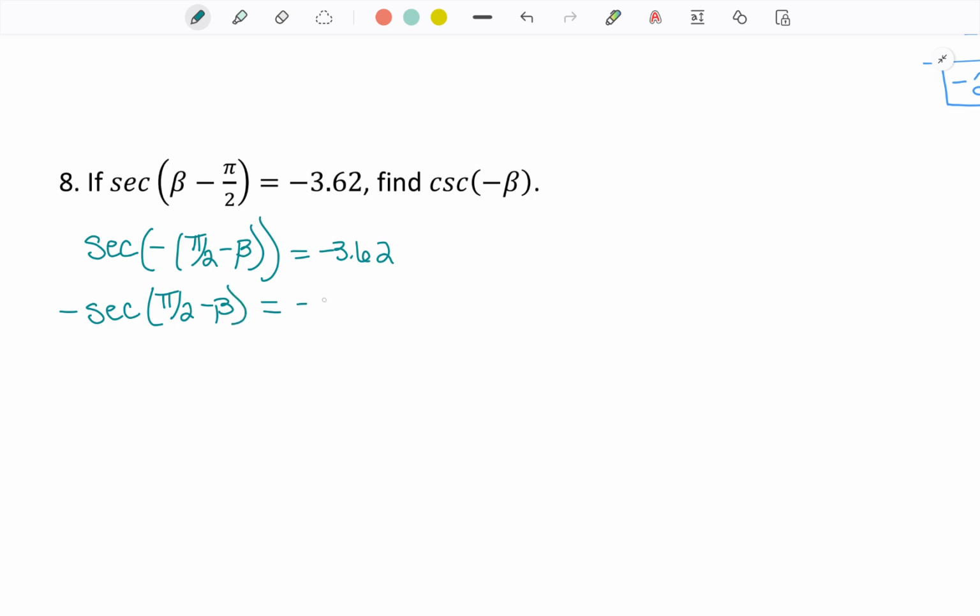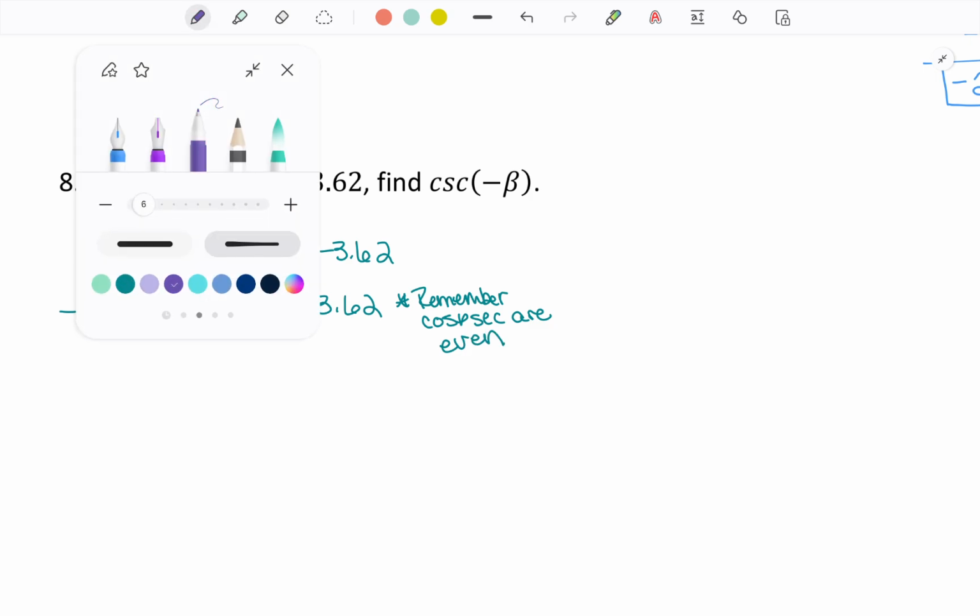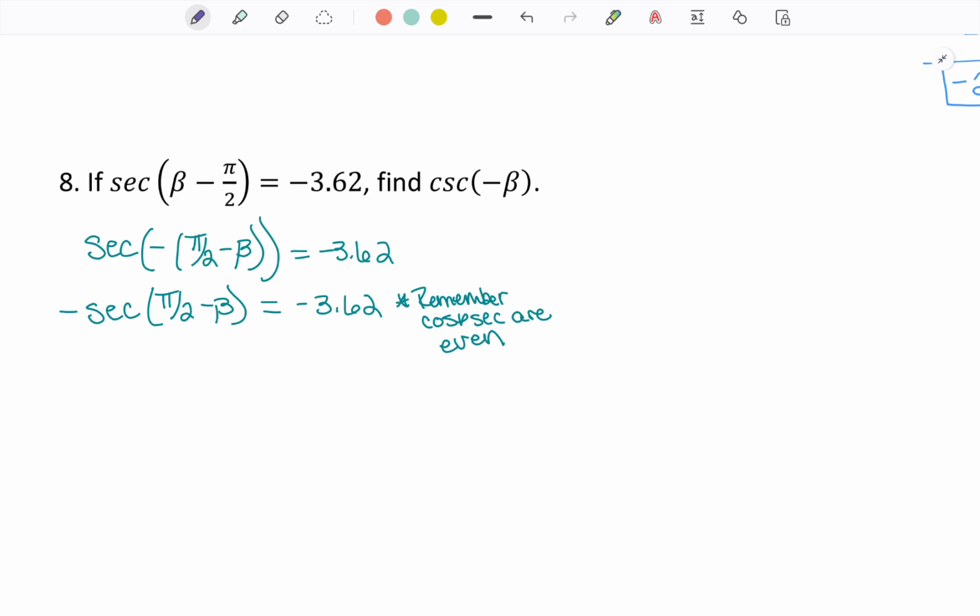But here is the interesting part. Remember, cosine and secant are even. This means that when you change that sign and get rid of that negative, the negative is going to stay on the 3.62.